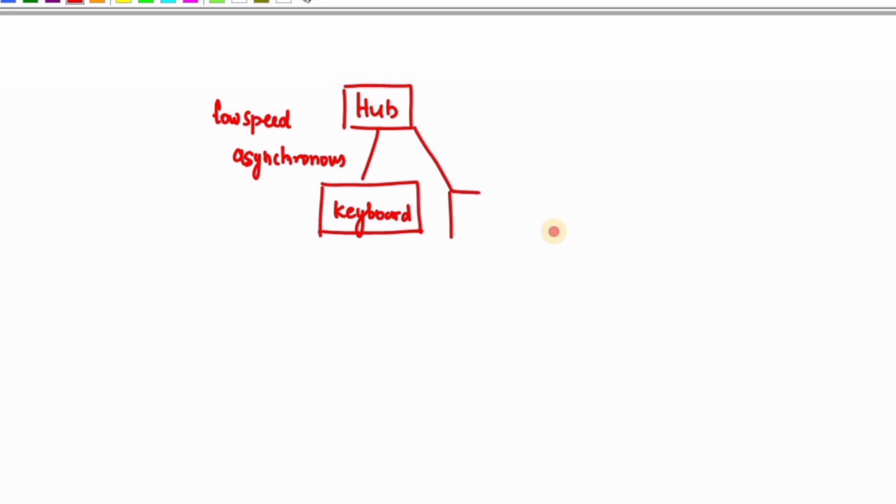The event of pressing a key is not synchronized to any other event in the computer system, so the data generated by the keyboard is called asynchronous. Why? Because the data generated is quite low compared to the processor operating speed. That is why this operates at a low speed and in asynchronous mode. The computer mouse also comes under this category.